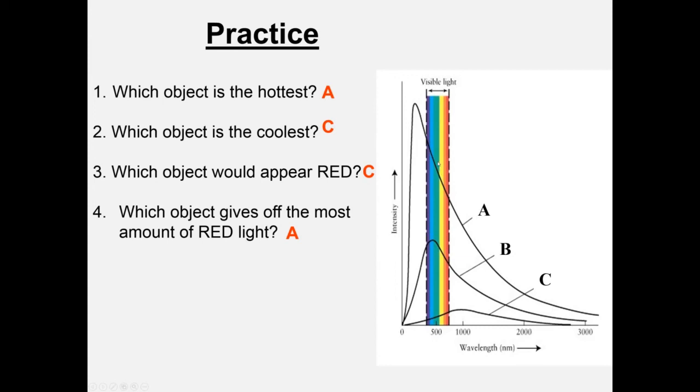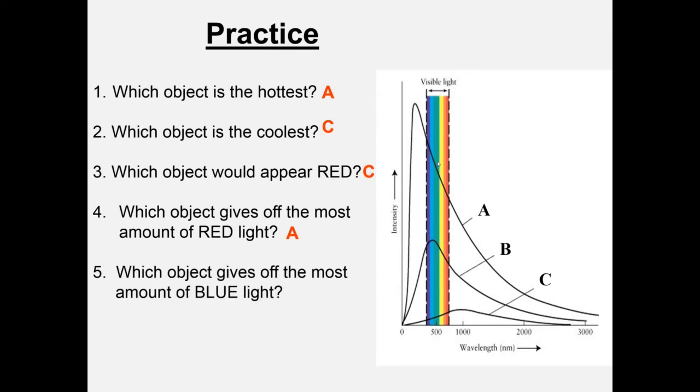We already said that a hotter object puts out more light than a cooler object at all wavelengths. So of course star A is putting out more red than star C. But star A is putting out more blue from its surface than red from its surface, and so it will look blue. All right? Which object gives off the most amount of blue light?